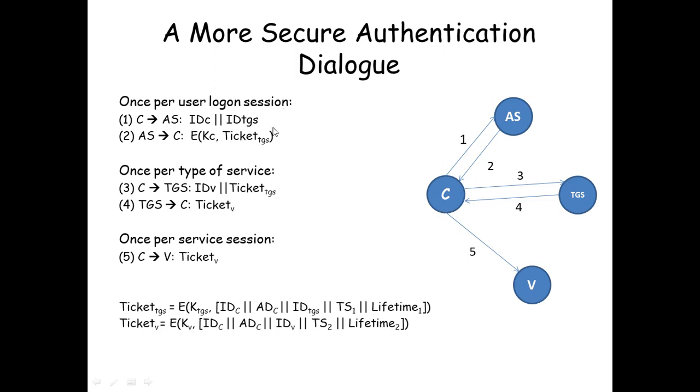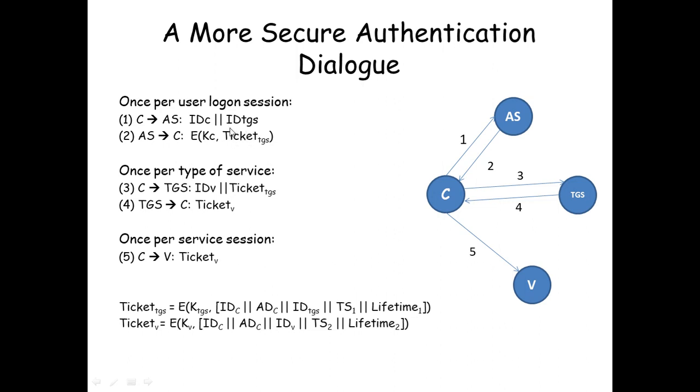Here we are not sharing the password. The authentication server will respond to the client's request by sending an encrypted message, which will be encrypted with the key KC, which is known to the client because it is related to the client's password.